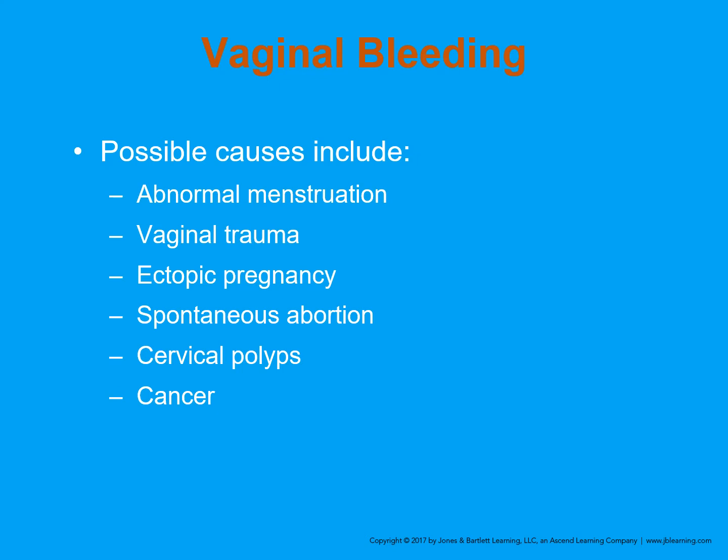Next is vaginal or cervical polyps, rather. Cervical polyps are small, elongated tumors that grow on the cervix. These are normally identified during exam. A lot of times they're just removed at the time, but they can swell, become irritated, and cause bleeding. And then another cause of vaginal bleeding, of course, is cancer.